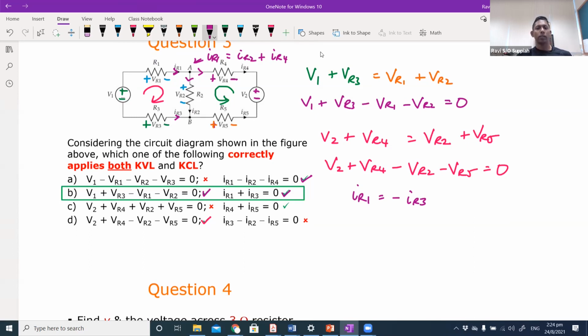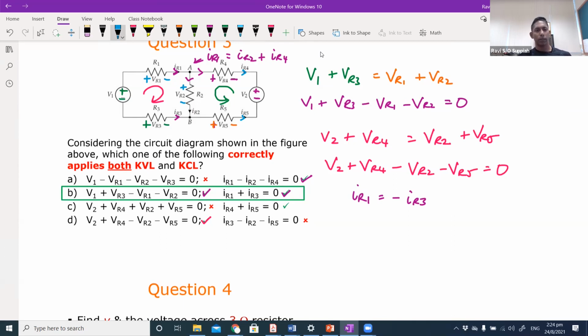The same thinking applies for this, where you have IR4 and IR5. IR4 is going this direction. IR5 is going in the opposite direction. You can see that they are both in the same branch but going in opposite directions, same as IR1 and IR3.